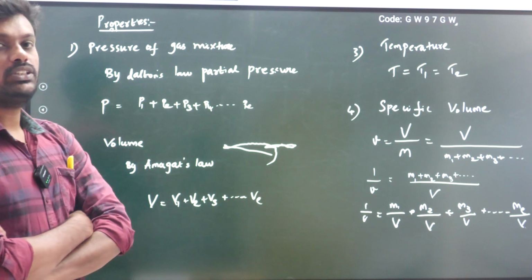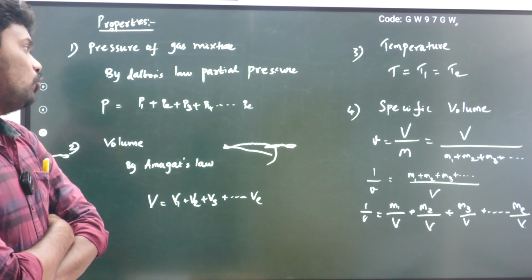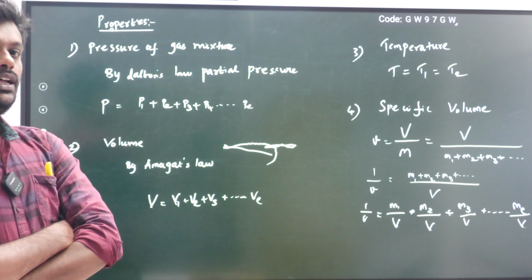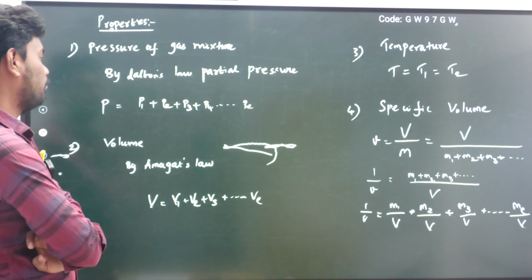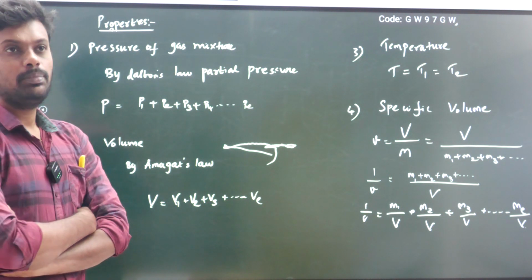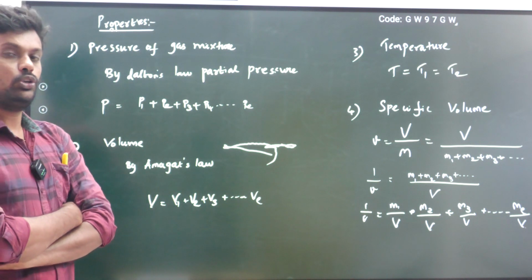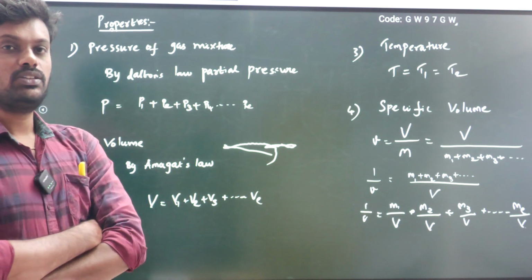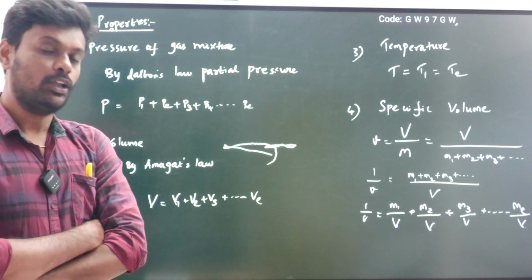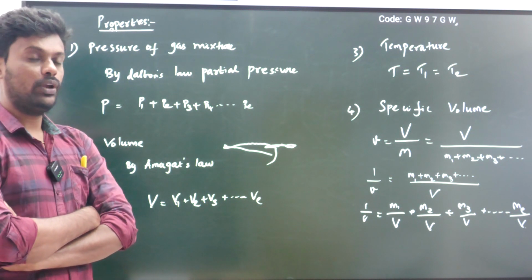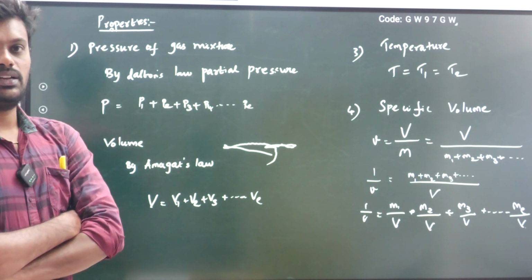So the total pressure P is equal to P1 plus P2 plus P3 plus P4 and so on, up to the end. If different types of gases are mixed together, you find the total pressure this way. So the partial pressures of all the gases add up to the total pressure of the gas. That is Dalton's law of partial pressure.